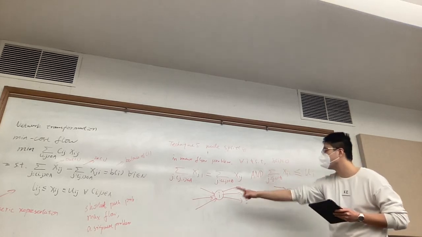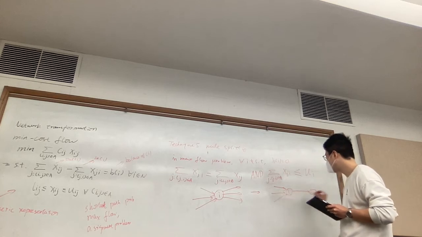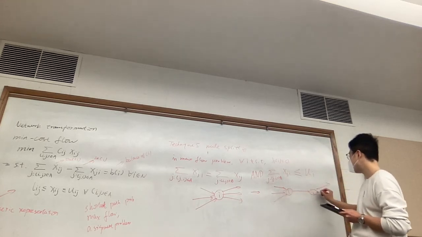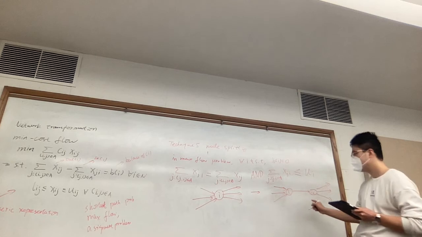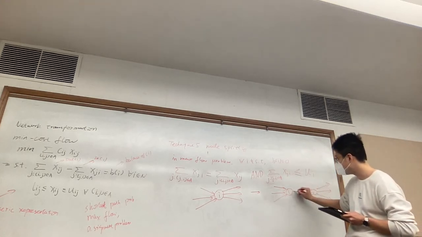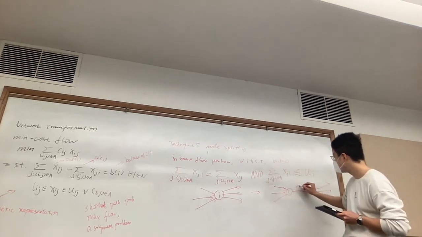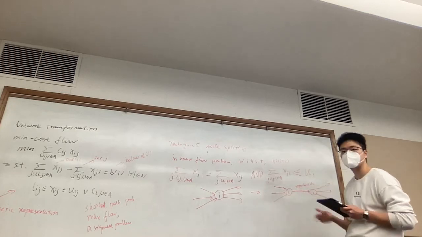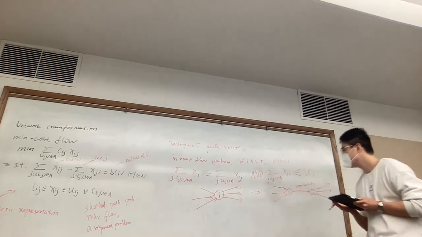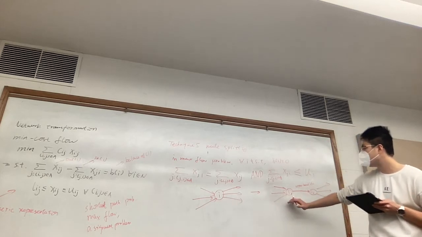All the flow that gets into i flows into i1, and all the flow that flows out of i flows out of i2. But this arc is very important. This arc has an upper bound ui. Think about this. Now I have split the node i into i1 and i2.